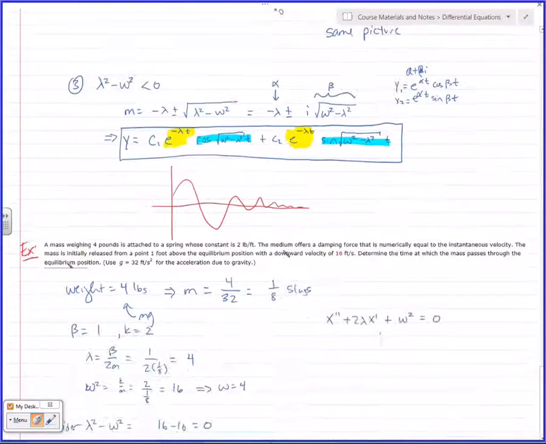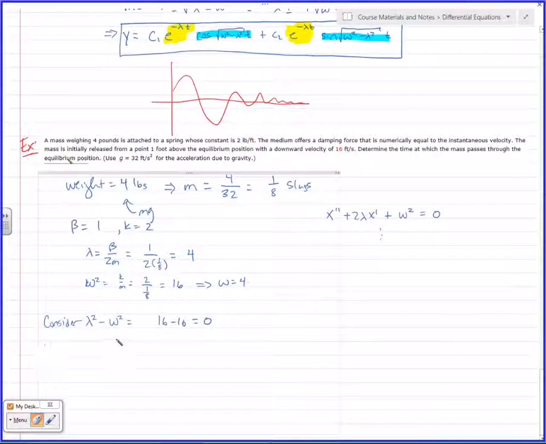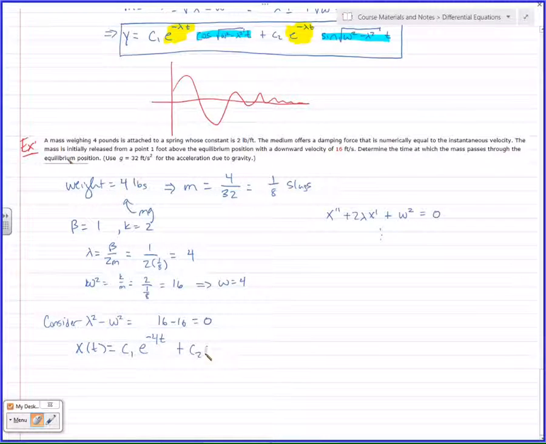So x of t would be c1 e to the negative lambda t, so e to the minus 4t, plus c2 t e to the negative 4t.